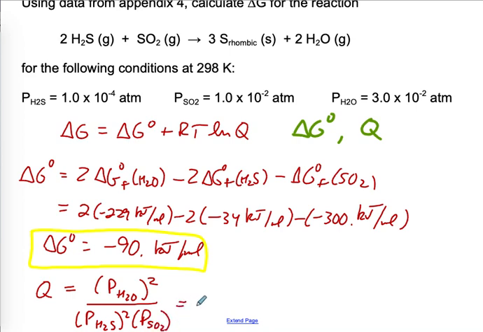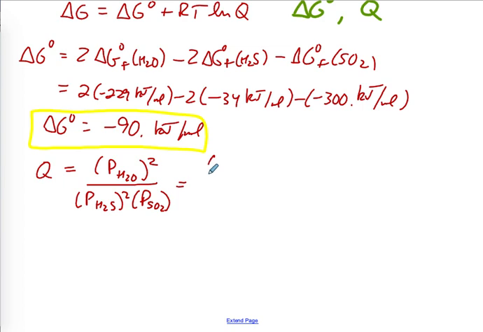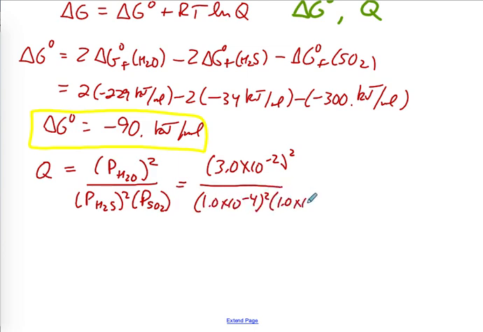And I will plug in the values that are given in the problem. This is equal to 3.0 times 10 to the negative second squared over 1.0 times 10 to the negative fourth squared times 1.0 times 10 to the negative second, or a value of 900 for Q, the reaction quotient.